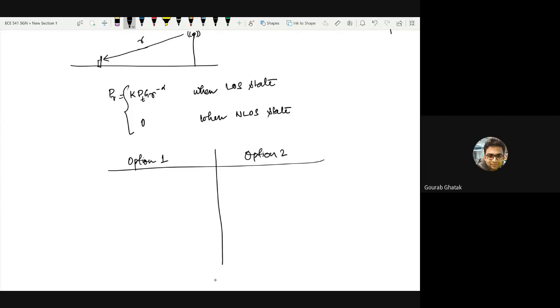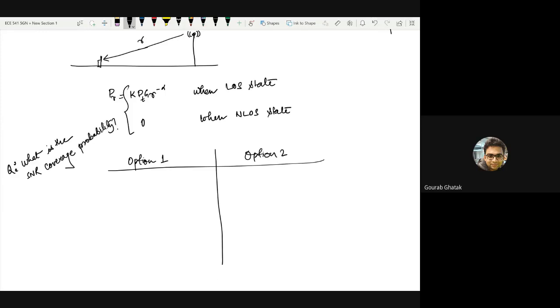What we want to do, the question is, what is the SNR coverage probability?